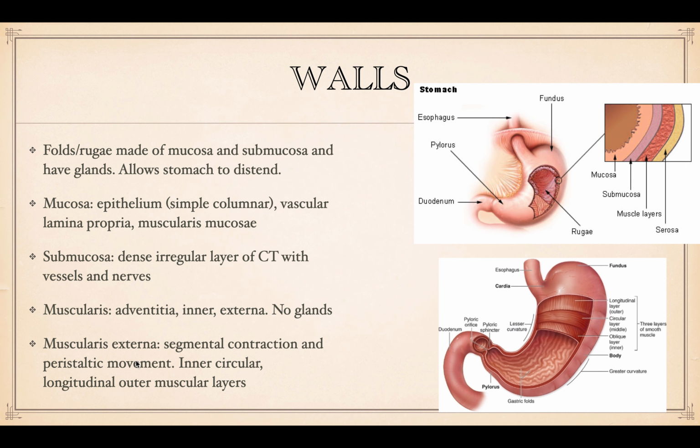The muscularis externa has the segmental contraction and peristaltic movement, allowing the stomach to churn in a circular motion. So the inner is going to be a circular layer, and there's an outer longitudinal layer. And the nerves, you'll go through it more in anatomy, but they're receptive to pain and distension.